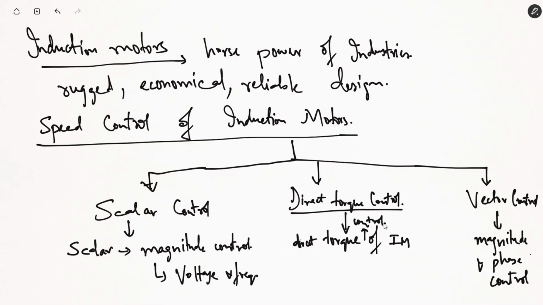We are not controlling the speed and eventually controlling the torque; we directly control the torque of the induction motor without actually controlling its speed. So the direct torque control strategy somehow combines the advantages of both scalar control and vector control. It has found a lot of use in the last decade. So these are three control strategies.